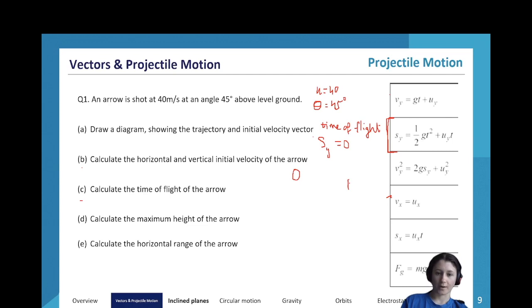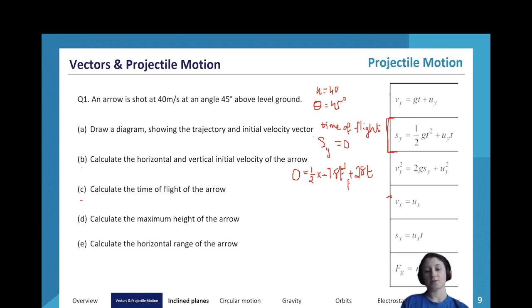We know that y equals 0. We're going to have half g is -9.8. Remember, gravity is decelerating, so you need to have a negative outside of your 9.8. t squared plus uy, so uy was 28t.